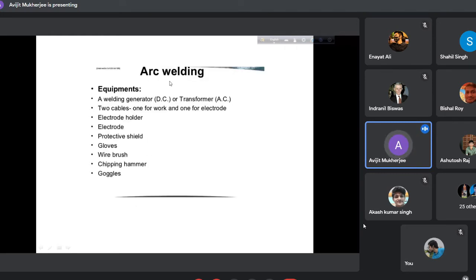Now for arc welding, perhaps you are at least familiar with it, because during your first year workshop, or in second year first semester, there was a workshop on welding. Yes, sir.